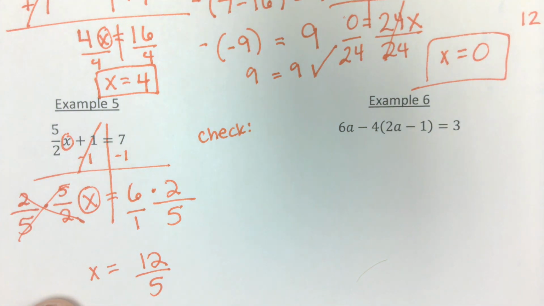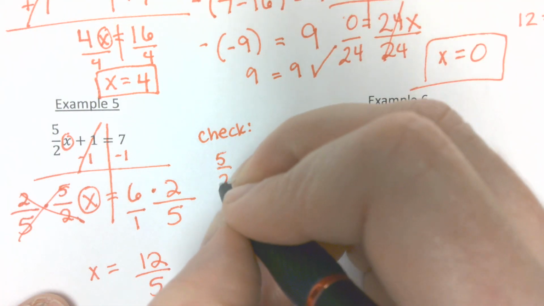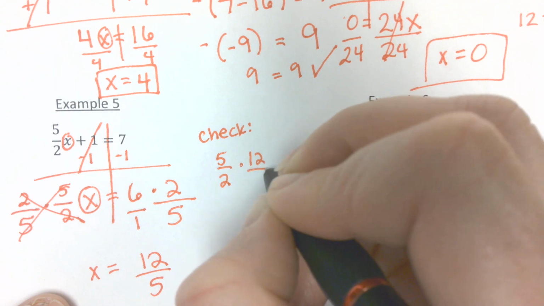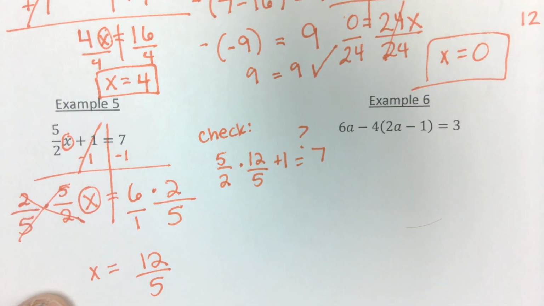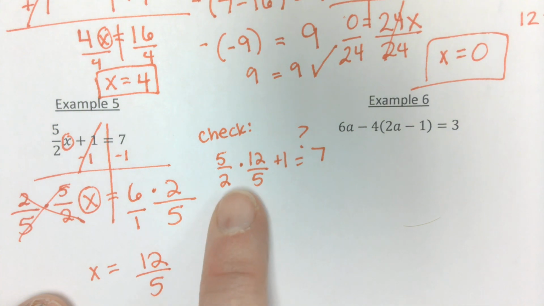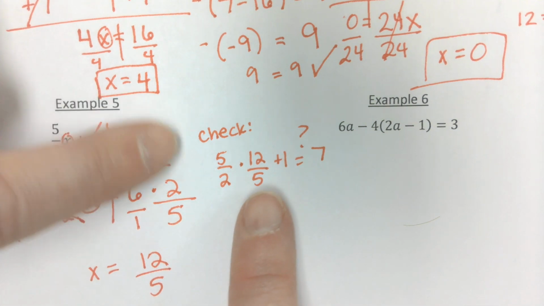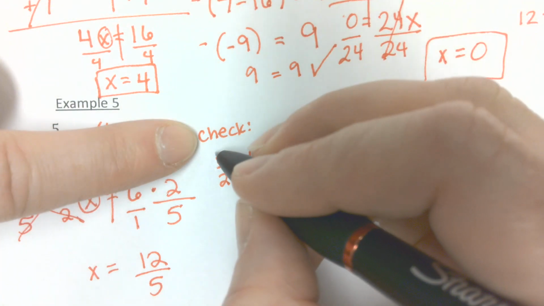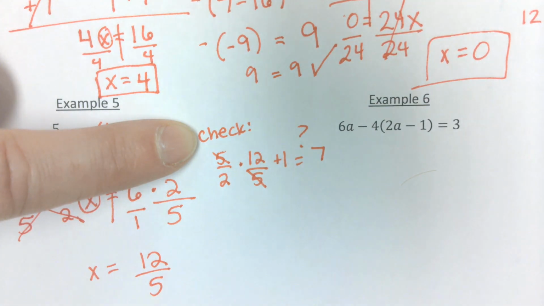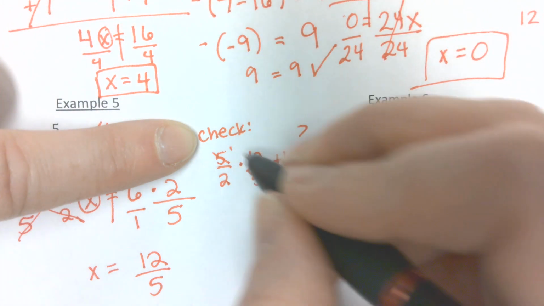We're going to check it. So we have 5 over 2 times 12 over 5 plus 1 equals 7. I'm going to show you a shortcut with this one. See how these diagonals are both 5s? 5 divided by 5 is 1. We can actually cancel them out, and they become 1s.